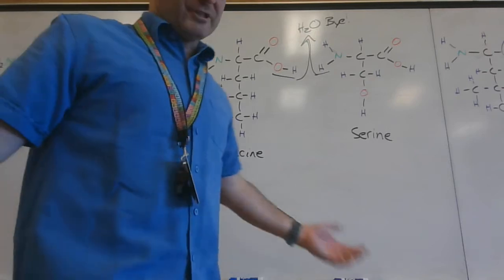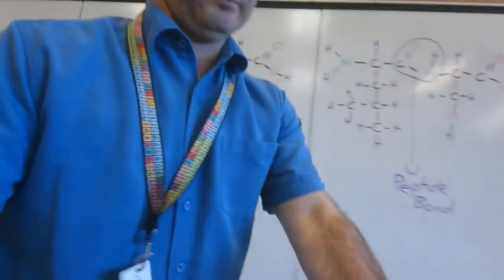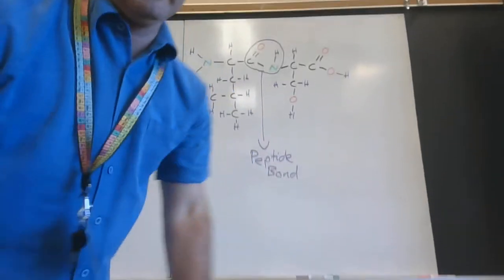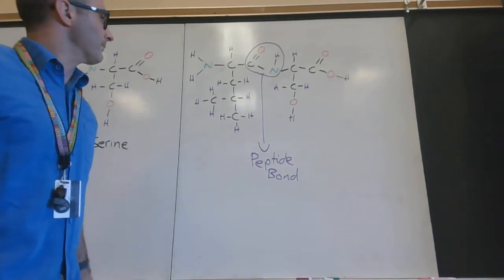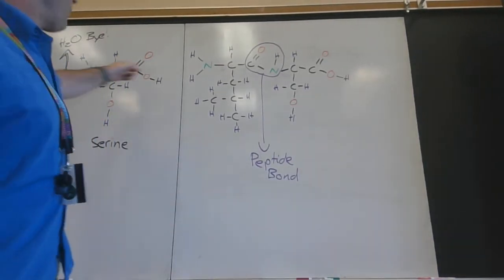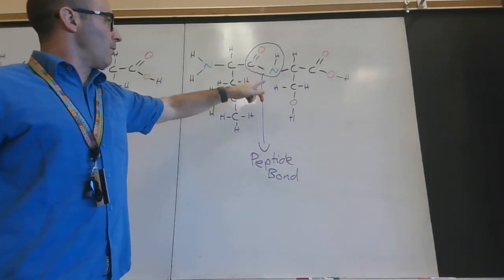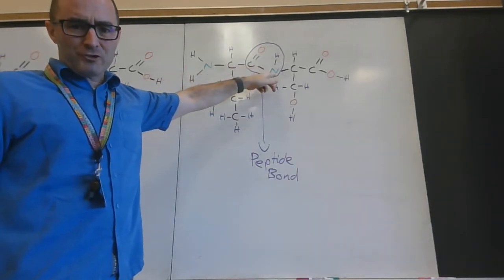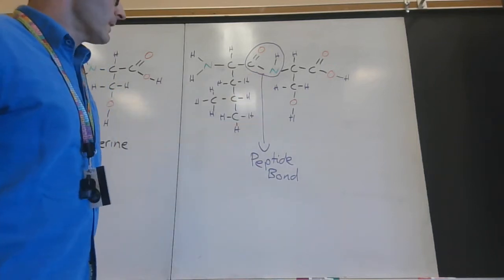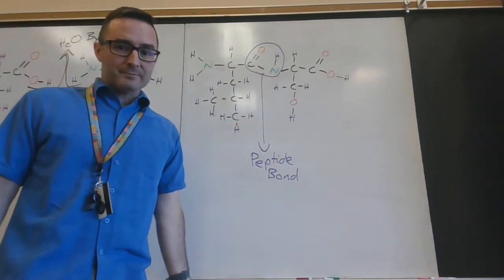All right, so let's take a look at this thing now. Okay, so you can see where the water comes out. You're missing your H, you're missing your OH, so now the carbon and nitrogen are linked together, okay? This is what's called a peptide bond.